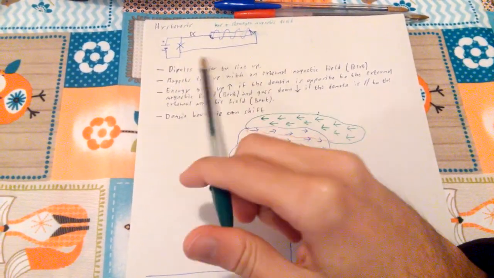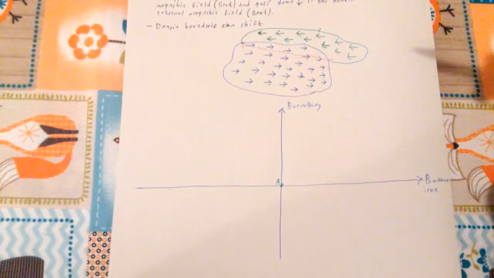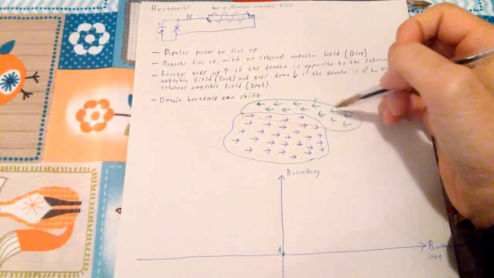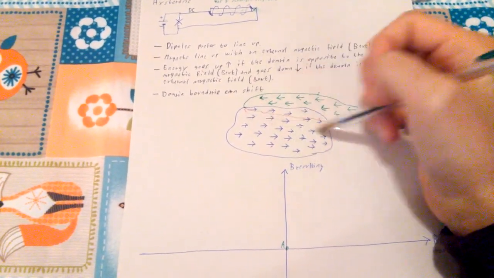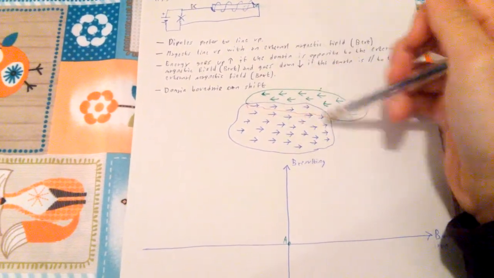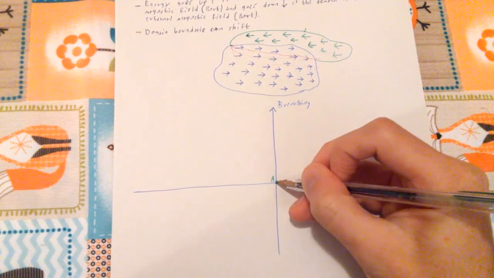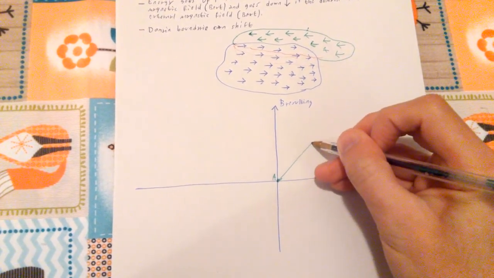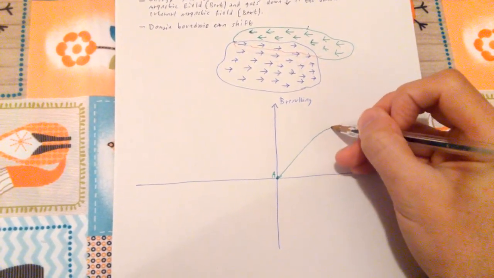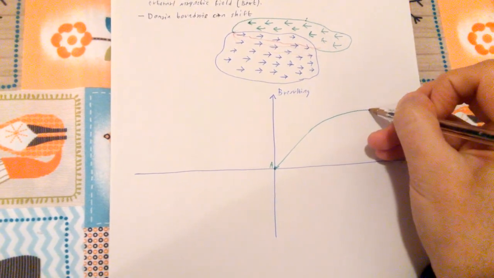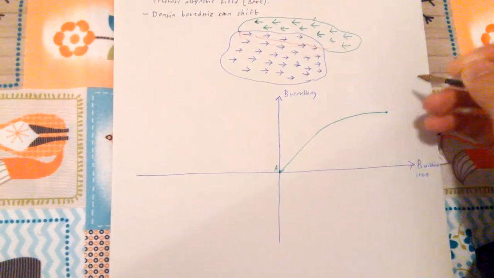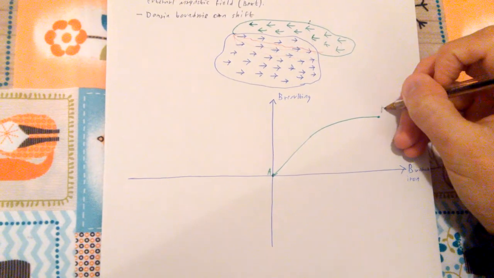Then this magnetic field is basically going to try to gain some territory over this. So this one is going to rise, and then it's going to attenuate until I get to this point, which I'm going to call B.